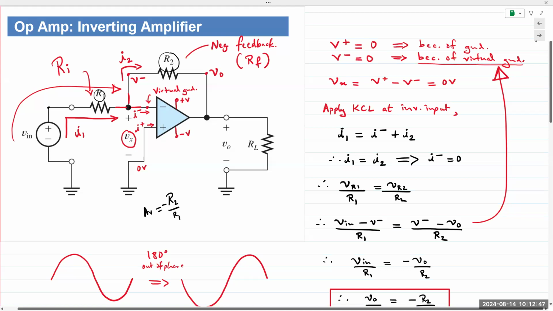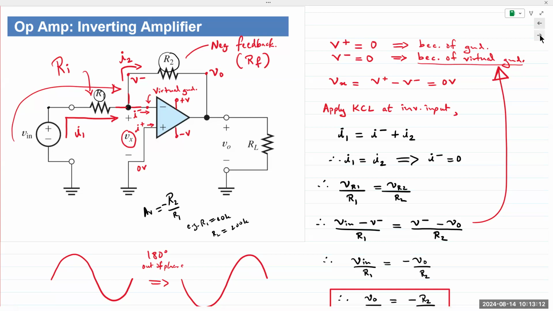For instance, if we wish to have the input resistance R1 as 10 kilo ohms and we want a gain of 20, then R2 would be 20 times 10, so it would be 200K, which itself creates a lot of other problems.